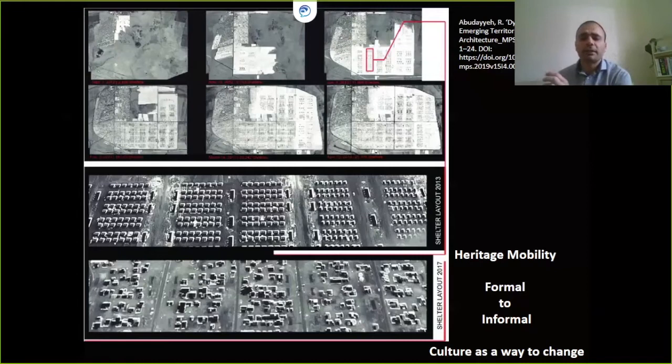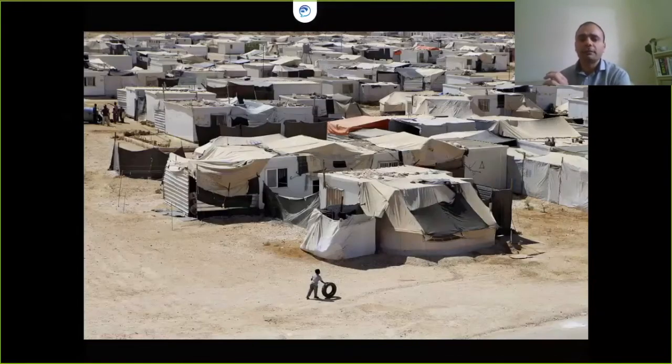And using very simple material available in the camp. You know, permanent building material is not allowed in the camp. So using the actual containers provided to the camp with some tents, people started to configure the urban space and create some open spaces for families or for communities to create their own communities.